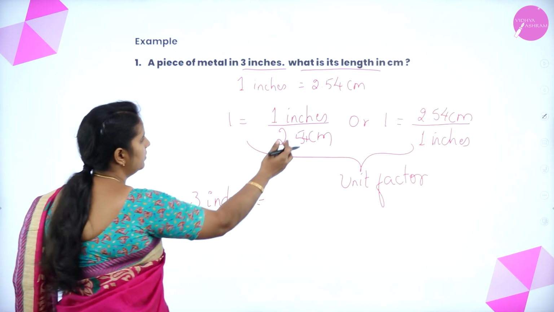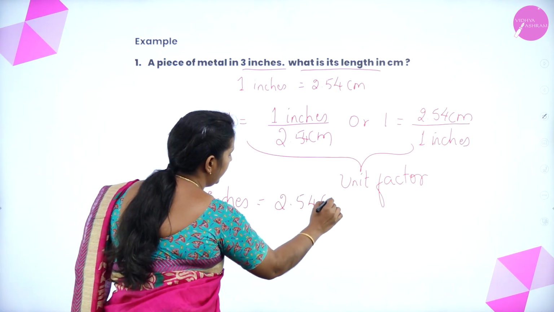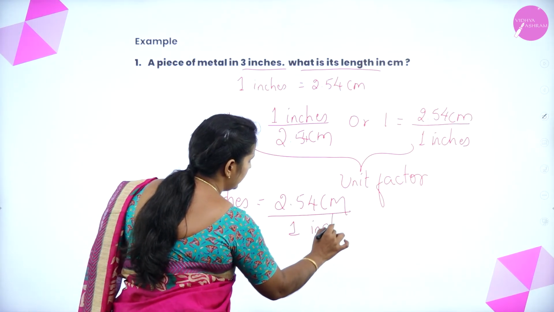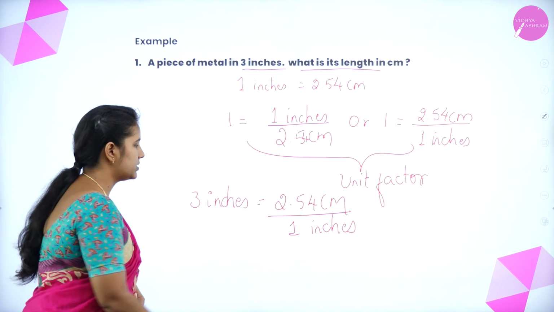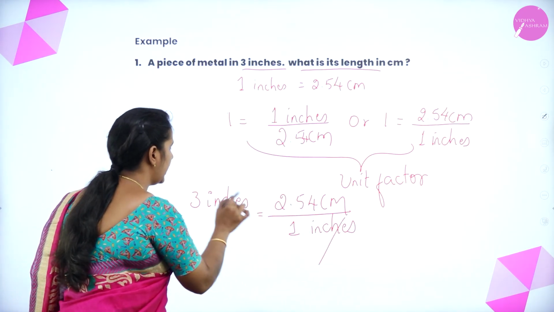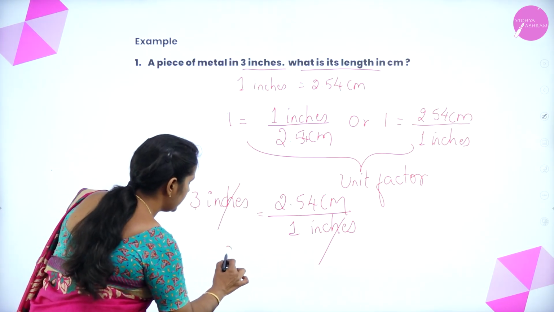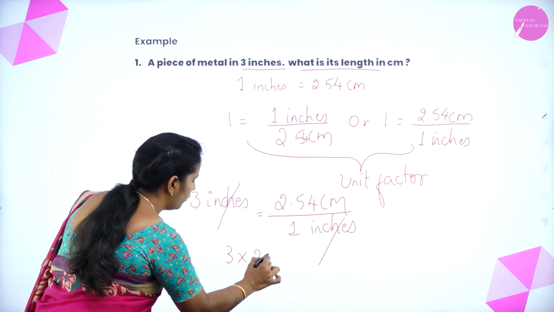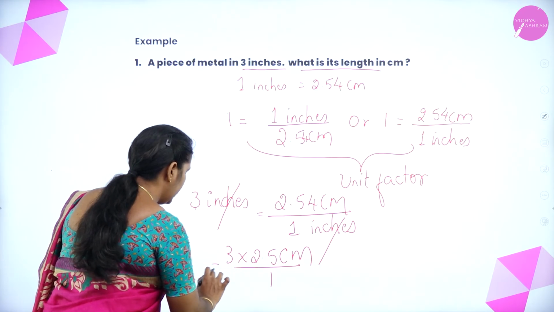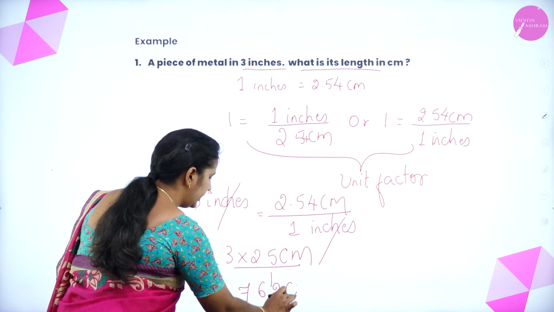equal to 2.54 centimeter divided by 1 inch. Here the inches and inches will get cancelled, and if you multiply 3 with 2.54 centimeter divided by 1, you will get 7.62 centimeter.